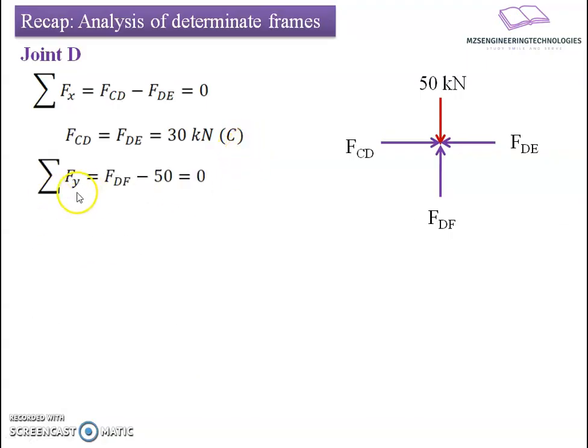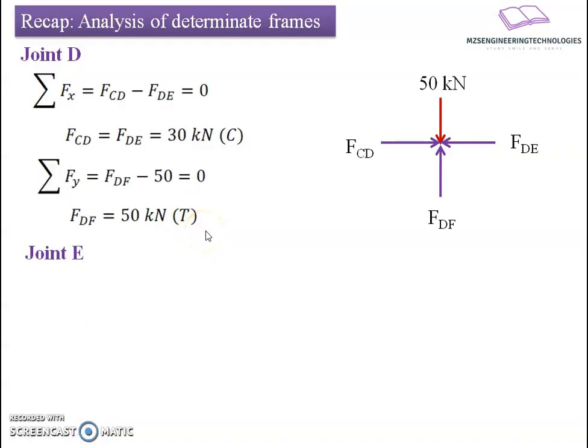Similarly, summation of vertical forces results in Fdf minus 50 equals 0. This means Fdf equals 50 kilonewton, and sorry, it should be compression in nature. I have put here tensile in nature. So these two forces are compression in nature, so read this as compressive in nature.